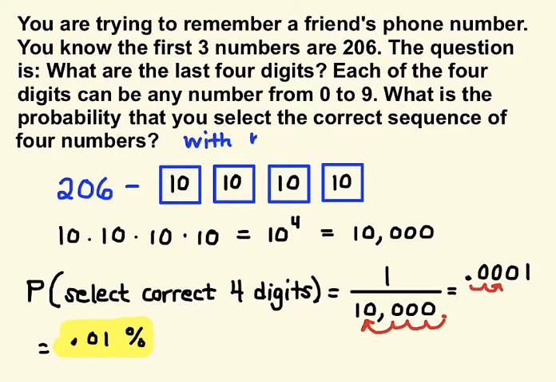Because what happened is, in the first place, I selected 0 to 9. I could have a digit from 0 to 9 in this position. And so there were 10 possible. And when I went to the second digit, and I went to select a number, I could still select anything from 0 to 9.